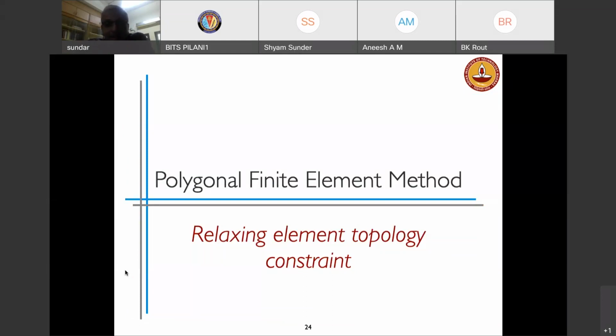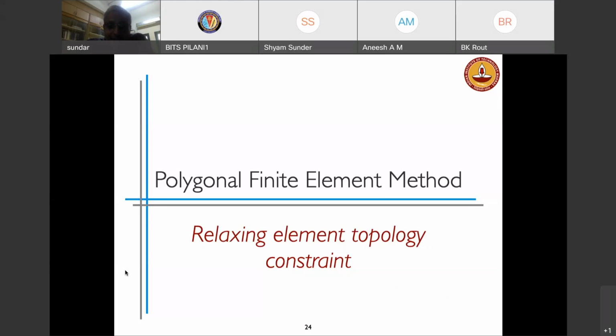So the first I would like to talk about is polygonal finite element method, where the idea is to relax the element topology. Remember, when we talked about finite element method, we first said the domain has to be discretized only using triangles or quadrilaterals. Because if you think of it, that really is not a constraint. We could probably discretize using any arbitrary element.